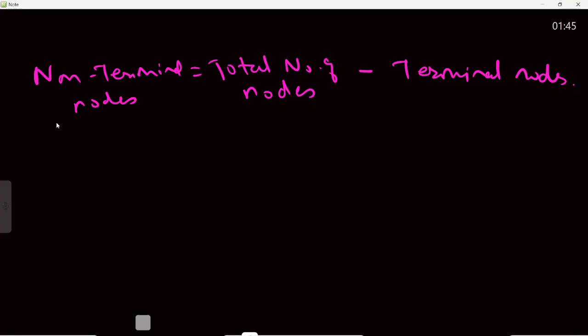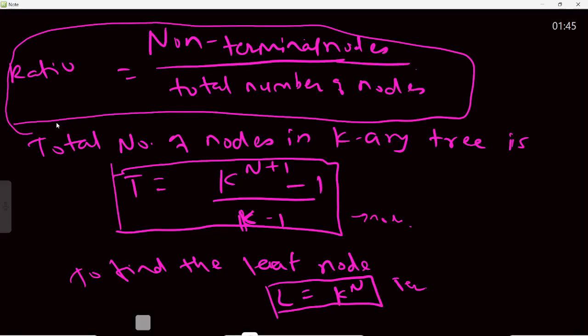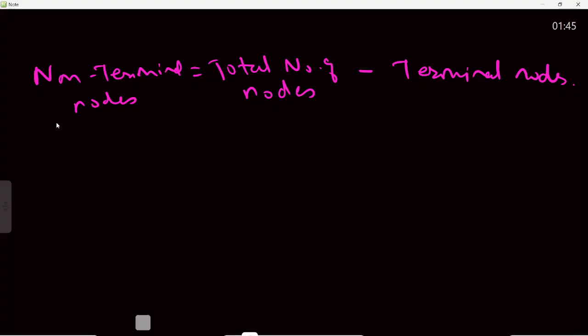So what is non-terminal nodes upon total number? This formula we have derived: non-terminal nodes is equal to total number of nodes minus terminal nodes.